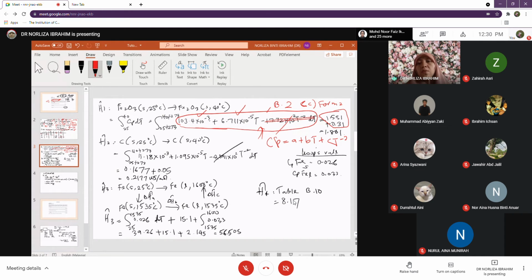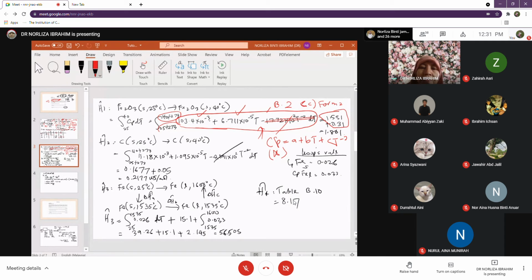The temperature is in Kelvin. That's why you see here, I convert it to Kelvin there. So if you want to use Kopp's rule, I think personally, if you use Kopp's rule to calculate the CP of the ferric oxide, I will give half of the full mark, because the CP is already there in the table, so no need to do any other calculation.